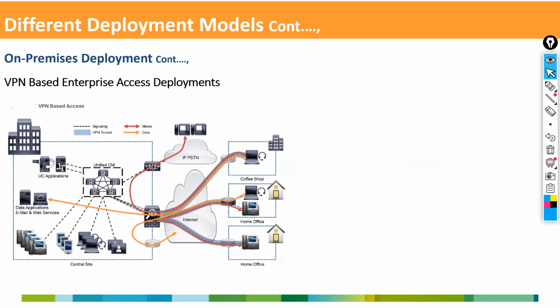Why? Because on the internet, attackers are there. Technically, they are called attackers, not hackers. In general we say hacker, but it's called attackers. They can attack my network and capture my information, data, everything, right? So for secure communication, we use VPN, virtual private network.